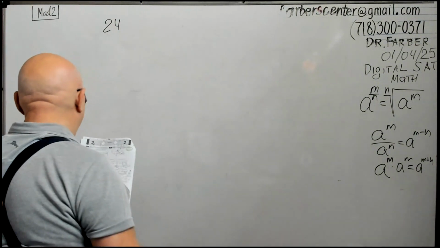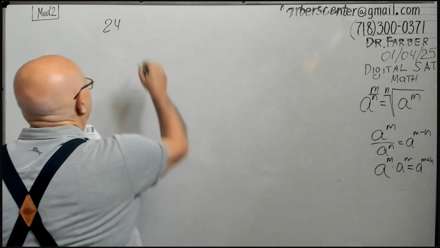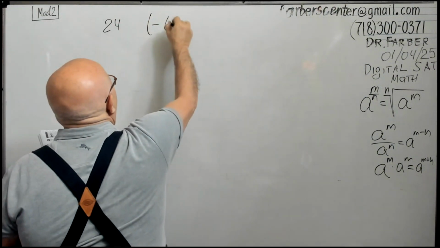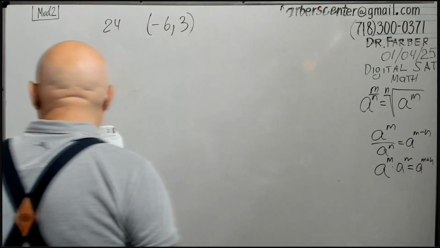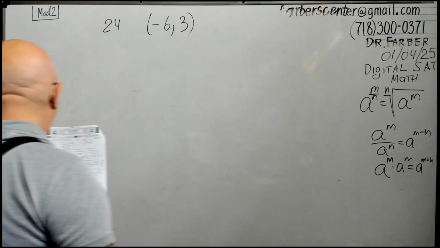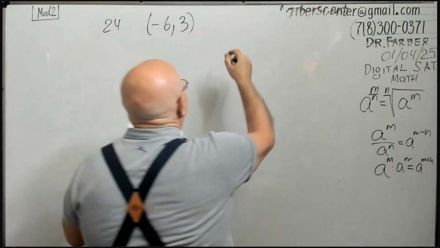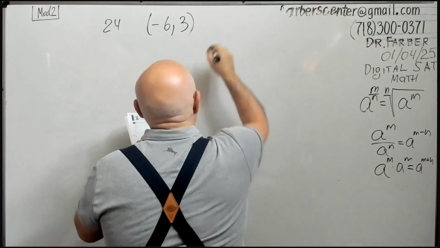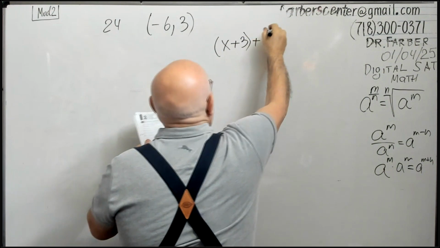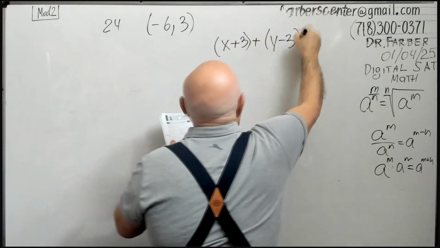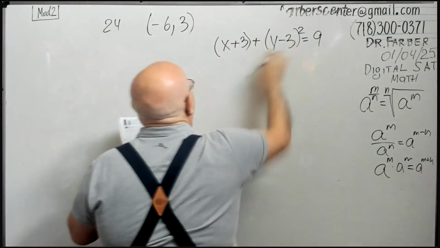You have a circle, tangent to both axes, and you have a point (-6, 3). What is the equation of the circle? If you look at the multiple choices, all the questions build on this form, let's say (x + 3)^2 + (y - 3)^2 = 9, etc. All of them have the same format.